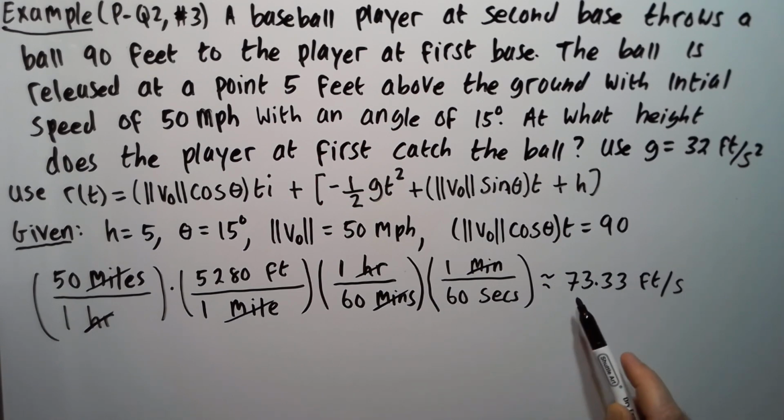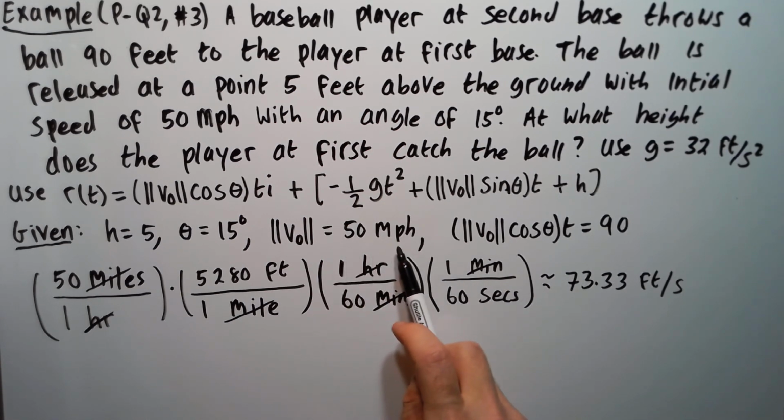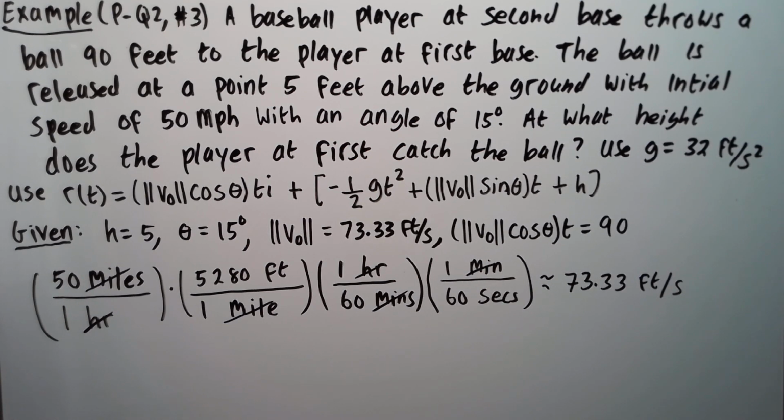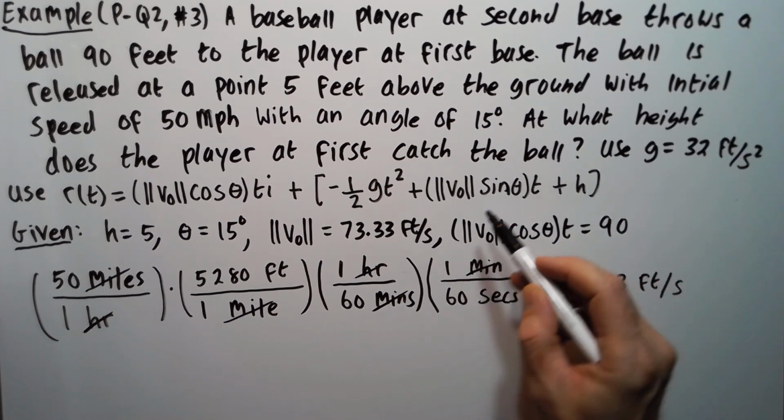Okay, so now I'm going to replace my 50 miles an hour with 73.33 right here. So let me do that. Okay, I'll replace it up here now. Now let's look at this guy.